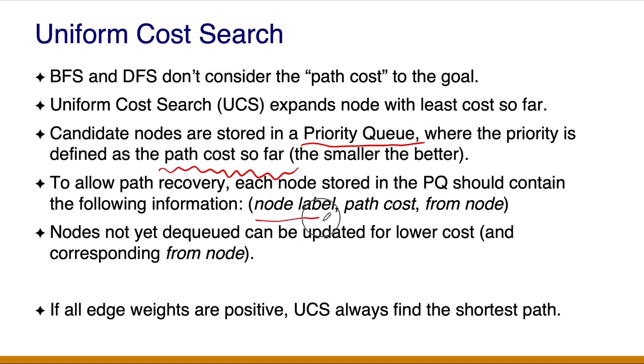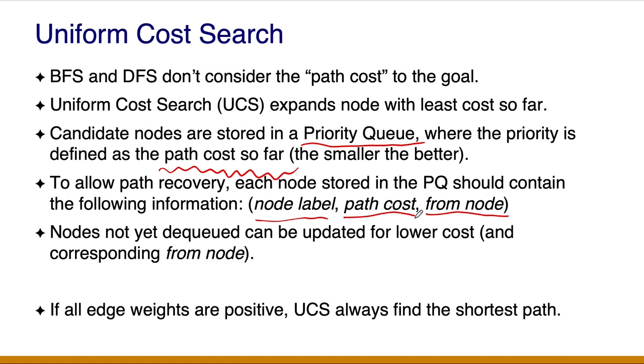Besides the node label, which is the candidate node that we should expand, we should also store the past cost that has been experienced so far. And also we have to store the front node, from which you actually see this particular past cost inside the priority queue.